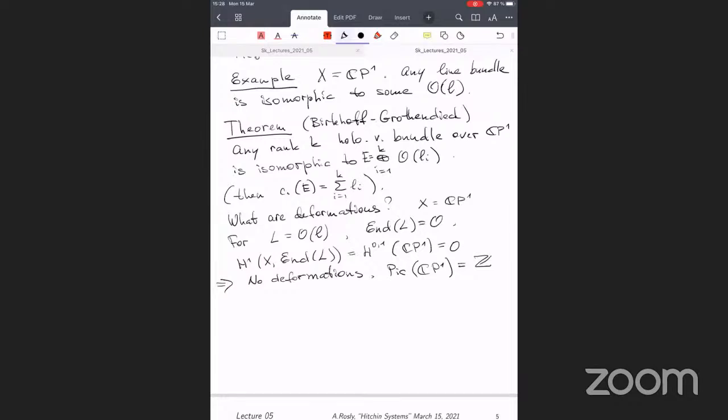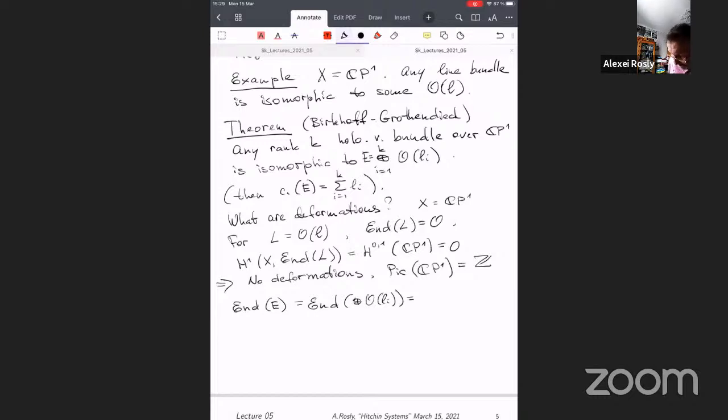Right. Now let us look at some bundle E, some higher rank bundle, which is always such a sum. The endomorphism space will be as follows.